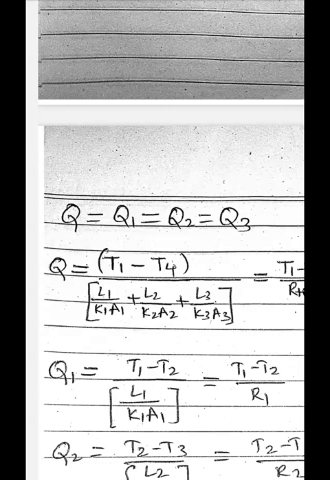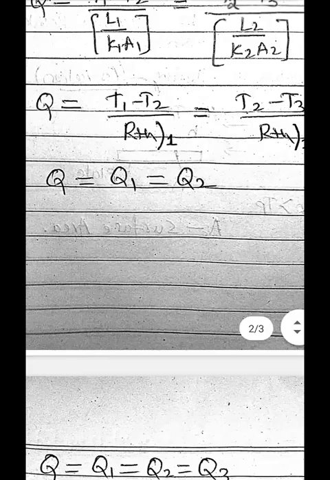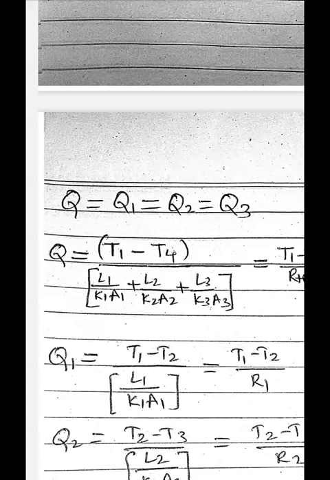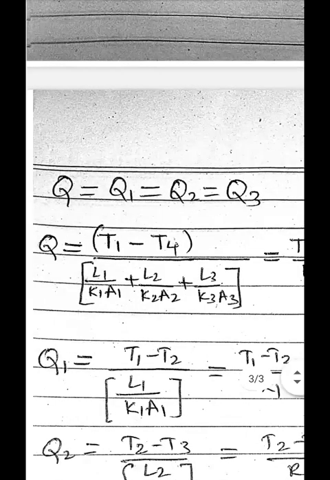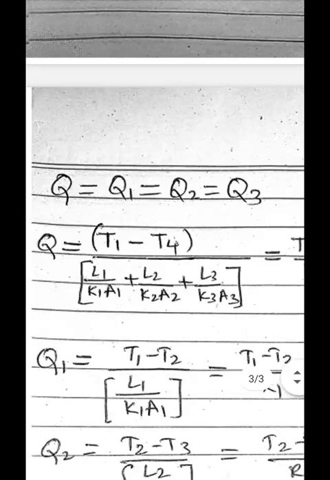Divided by the resistance offered by each block. The first block's resistance is given by K1 L1 divided by K1 A1. This is the resistance offered by the first block, plus L2 divided by K2 A2, the resistance offered by the second block, plus L3 divided by K3 A3, the resistance offered by the third block.